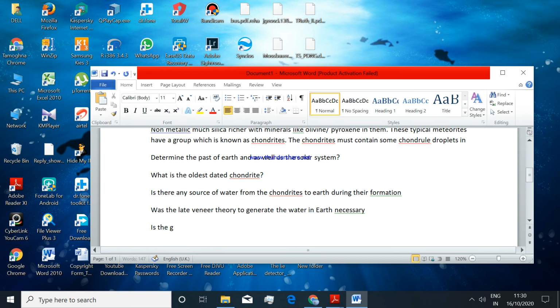Is the giant impact hypothesis valid to generate the moon? These will be the questions of planetary science if we want to know the planetary science of the Earth.